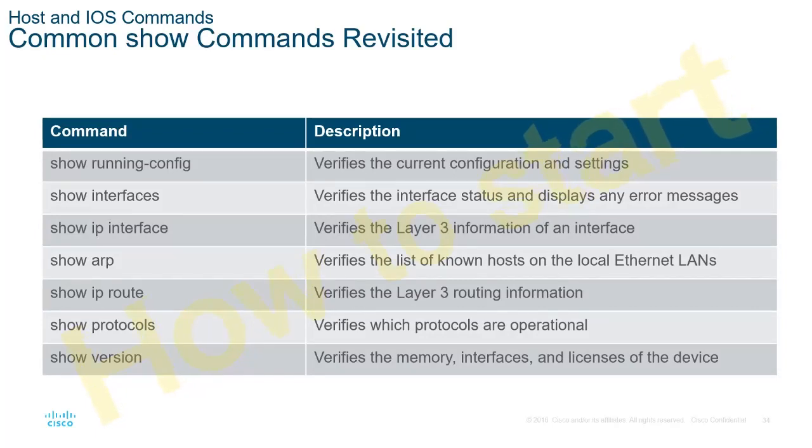We have a bunch of show commands for verification. Show running-config, show interface, show ip interface, show ip interface brief, show ip route, show arp. All of these are good show commands to look at specific information. All of this allows us to troubleshoot connectivity.